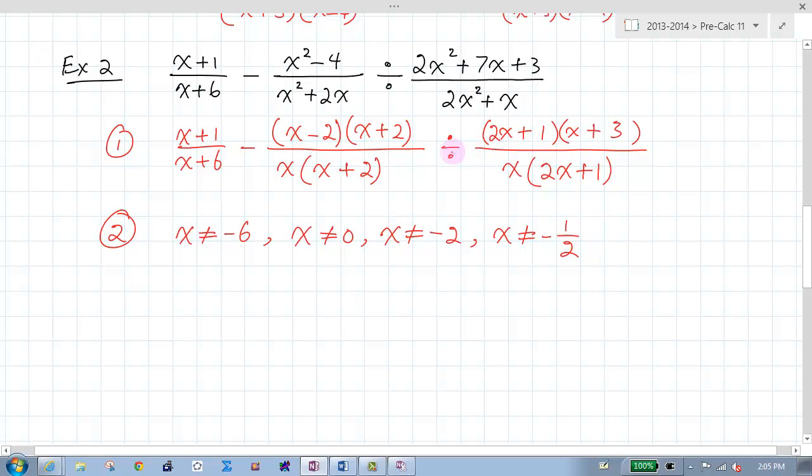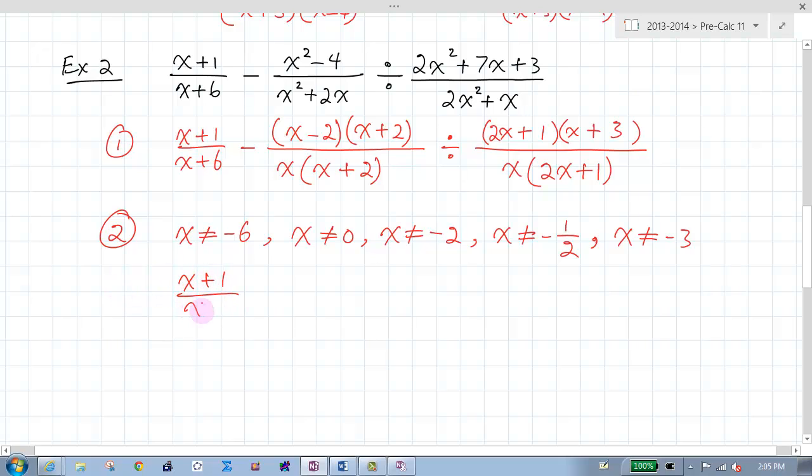But if I flip this to make it into a multiplication, I have to flip this fraction. If I flip the fraction, the numerator, which is 2x plus 1 times x plus 3, becomes the denominator, right? So therefore, we will have another non-permissible, which is x cannot be equal to negative 3, which is coming in our next step.